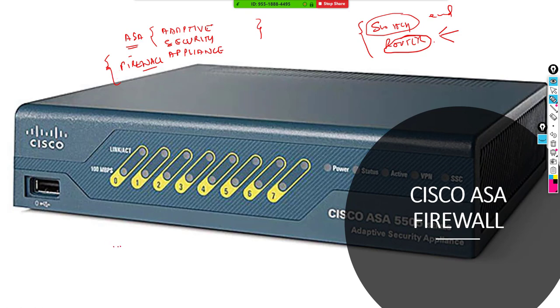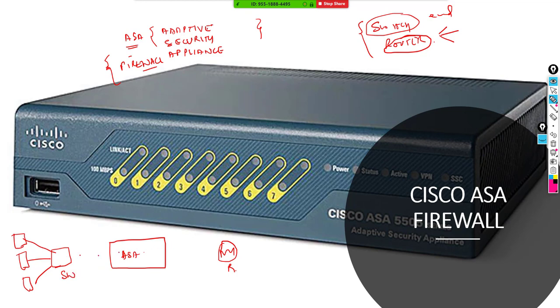Okay, so let me explain it this way. Let's say I have an ASA firewall kept in my office. Now let's say I have a switch and all the users with their laptops, and they are all connected to the Cisco switch. Now let's say I also have a router here, my Cisco router, and between it and my Cisco switch I have kept the ASA firewall.